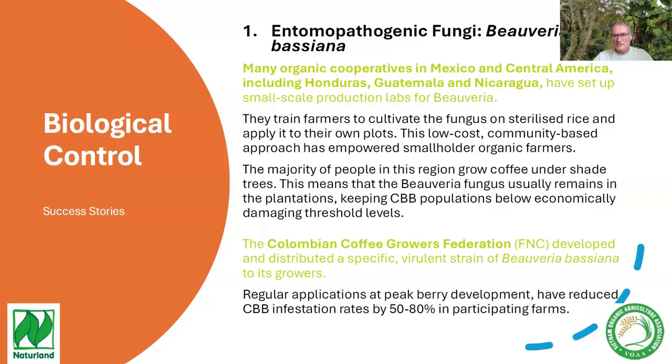This method has been used for about 30 years. Many Naturland farmers in Latin America are using it successfully since many, many years. In Colombia, the Coffee Growers Federation made a mass distribution of Beauveria bassiana and also quite successful. Here you can see the figures.